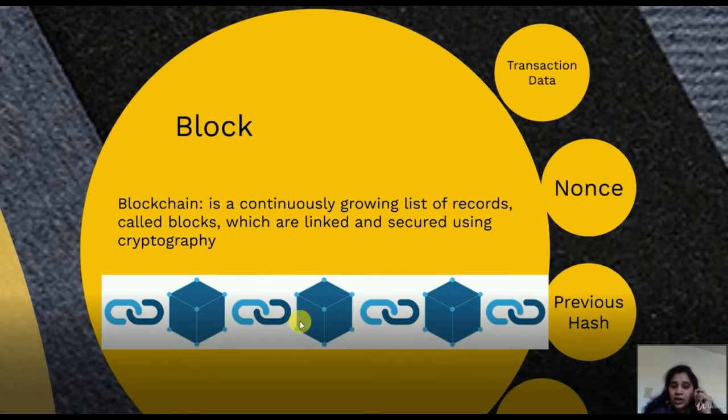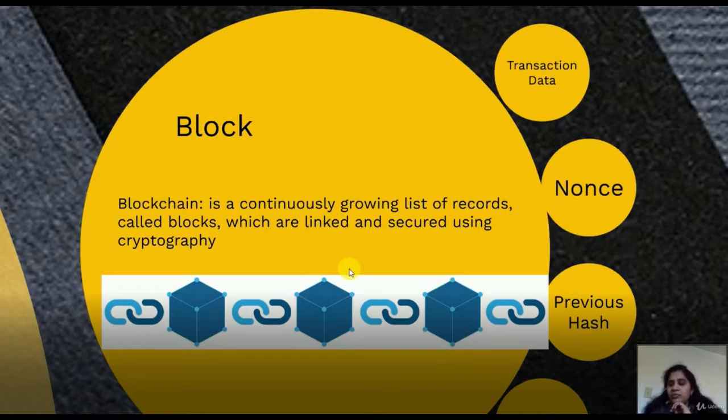A chain is formed by connecting or interlinking all the blocks using secure cryptography. This linking is done with secure cryptography, and this kind of chain is called a blockchain.